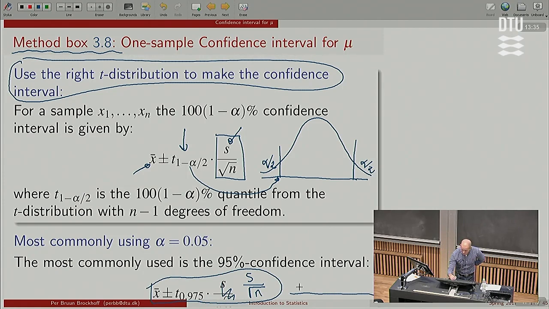The most used interval is based on 95% confidence, and 95% confidence is exactly using the quantile. So we quantify the error, and we take the 95% range of the error, and we use that to put the interval on and say, with 95% confidence, this is where we have the mean.